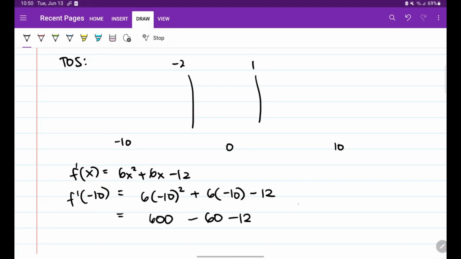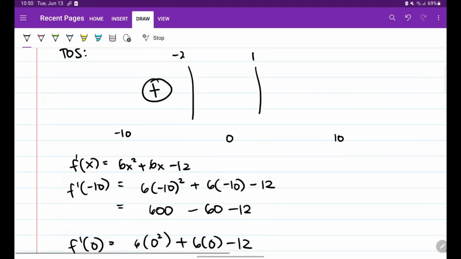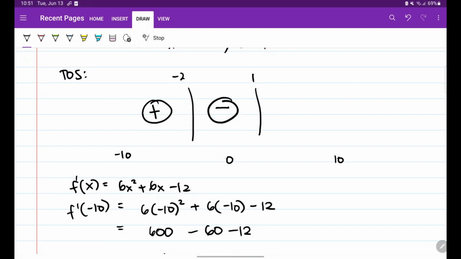And this is clearly positive. Tama? So we just put plus here. Okay? So kung 0 naman, so f prime of 0, so this will become 6 times 0 squared plus 6 times 0 minus 12. So this is clearly negative 12 and is negative, no? So lalagay natin dito sa gitna, negative.